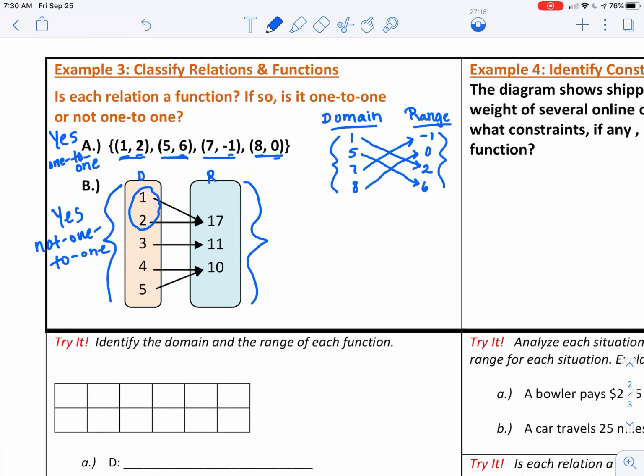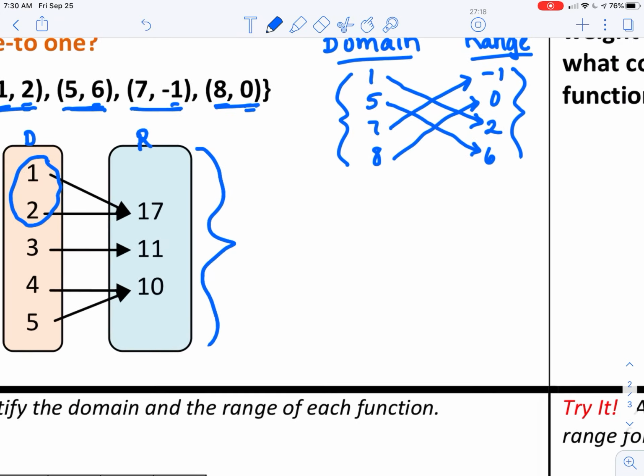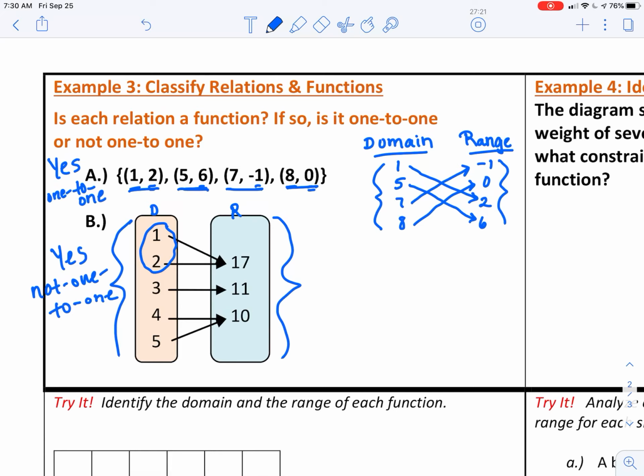So let's write down what these mean here. For A, we said a one-to-one, and I want us to know what a one-to-one means.